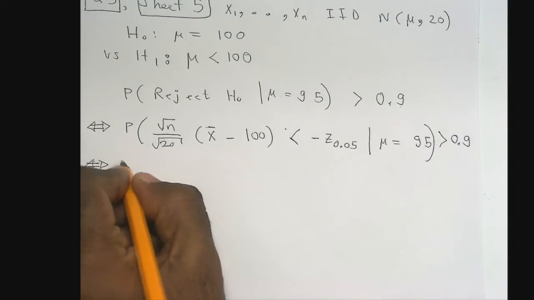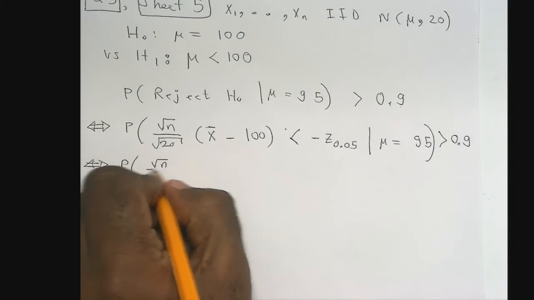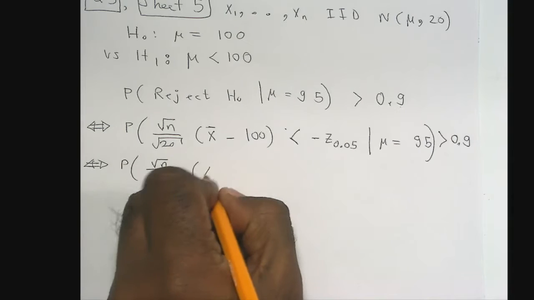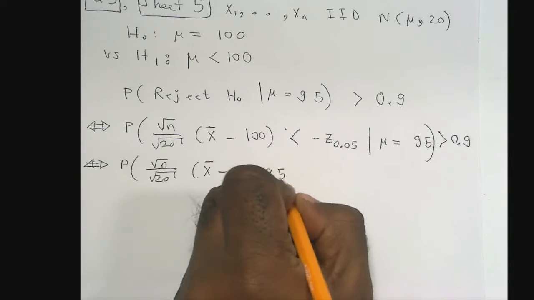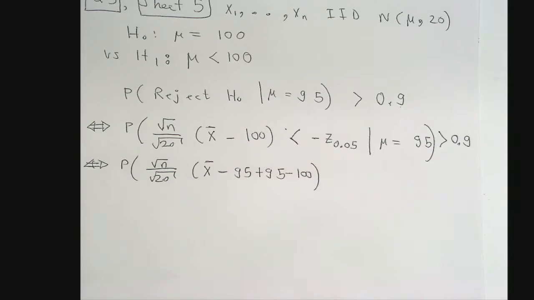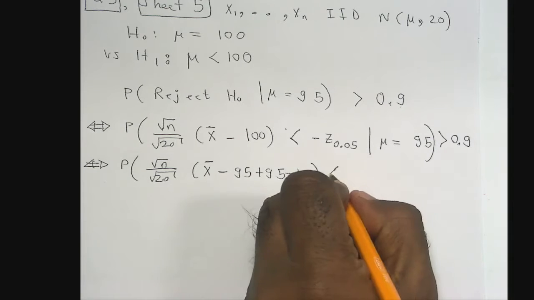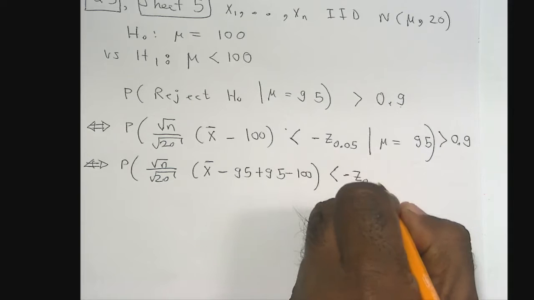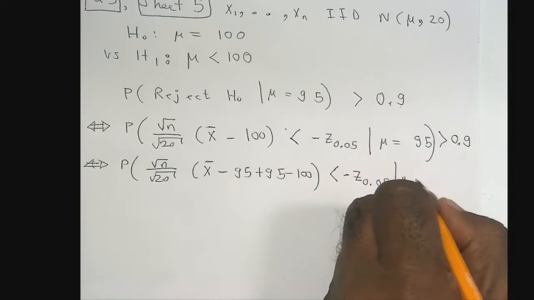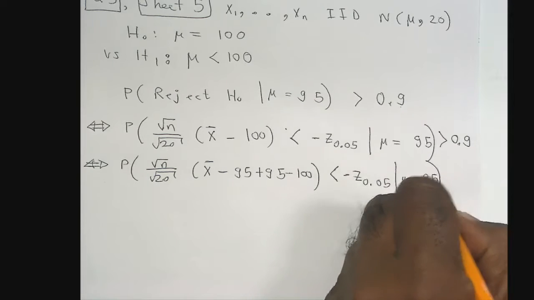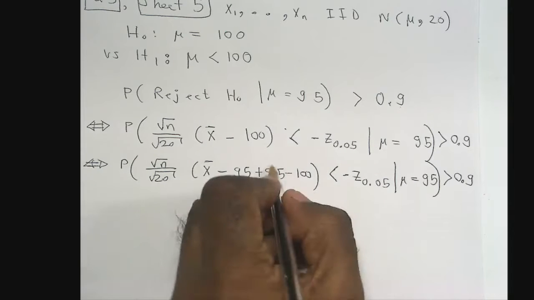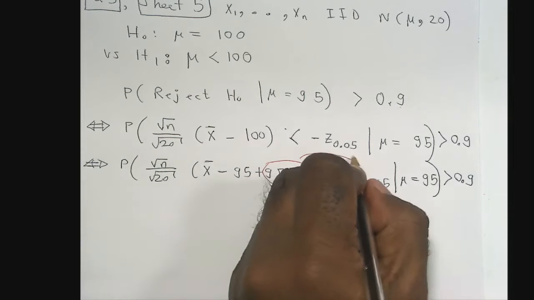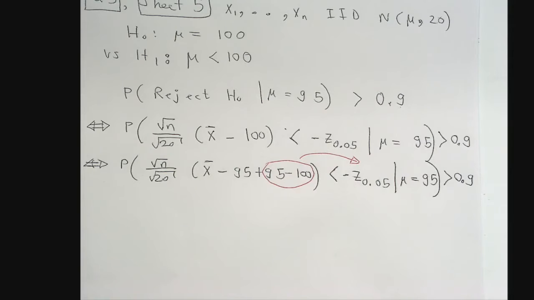I'm going to take away 95 and add 95. You'll see in a minute why I'm doing this. All right, now these two guys, I'm going to take them to the right hand side. We've done this enough times, guys. You should be bored by this now.